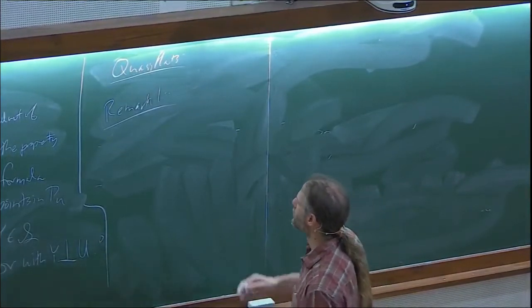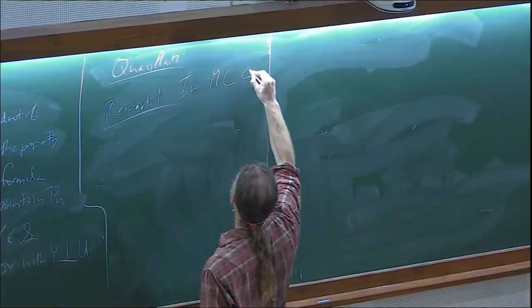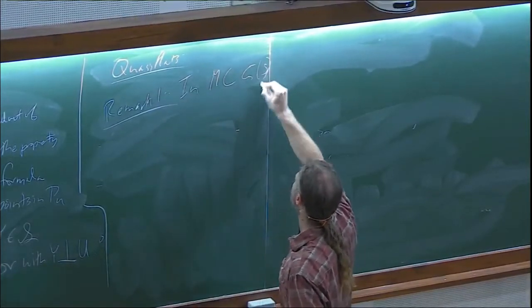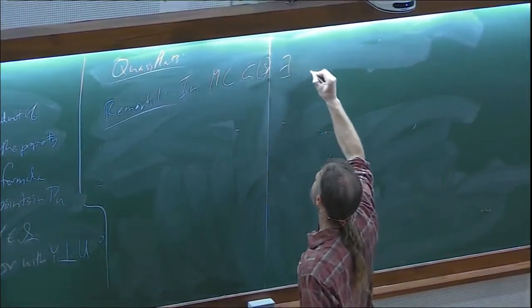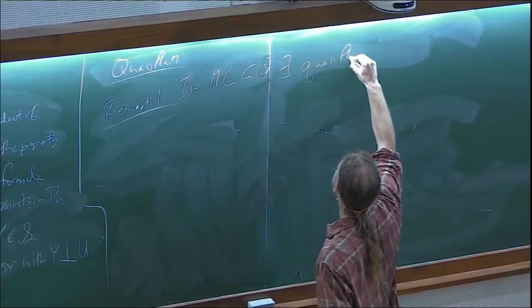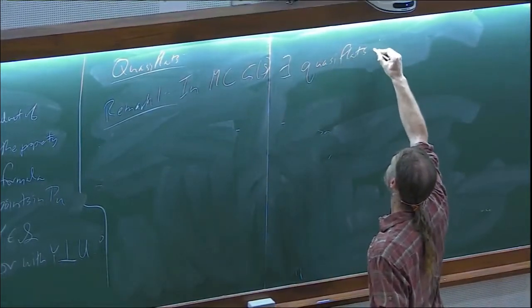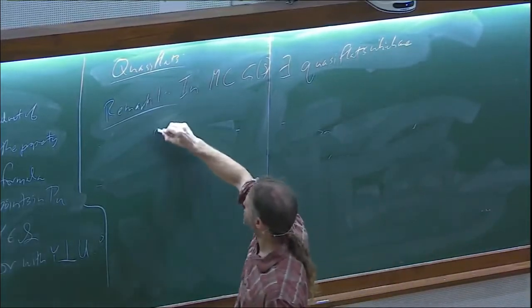So a natural guess, let me make two remarks. In the mapping class group of S, the first remark is that there exist quasi-flats which are not close.